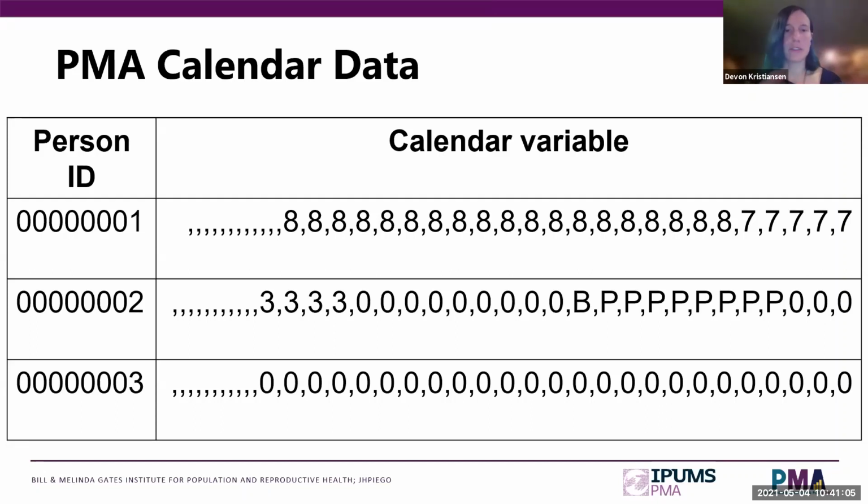R and Stata will deal with those a little differently. But as you see, it's a variety of contraceptive methods, switching, pregnancies, fertility behaviors, and it's in a string. Next slide, please.